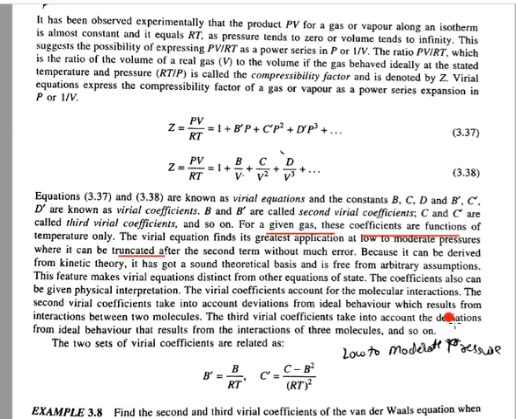B dash is equal to B upon RT, and C dash is considered as C minus B square upon RT square. That should be for low to moderate pressure.